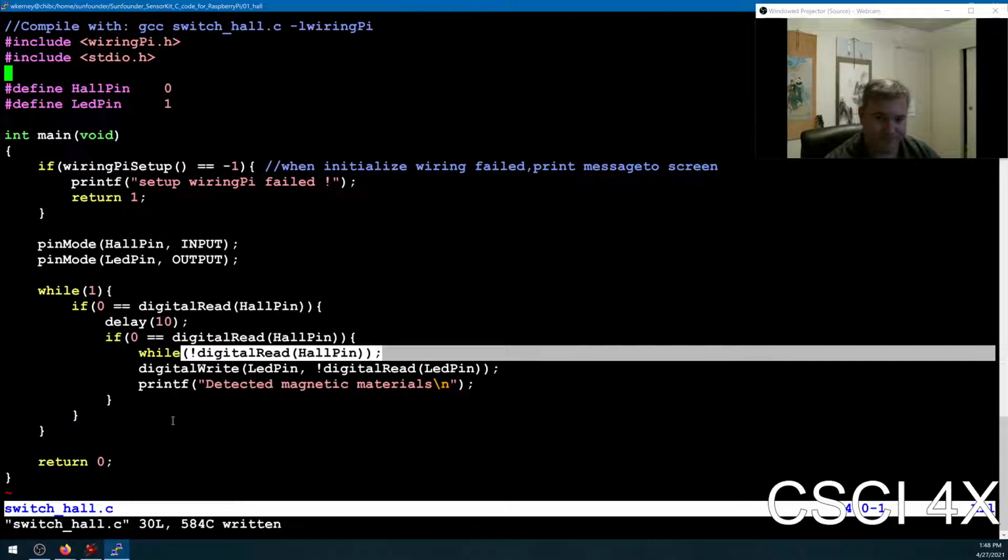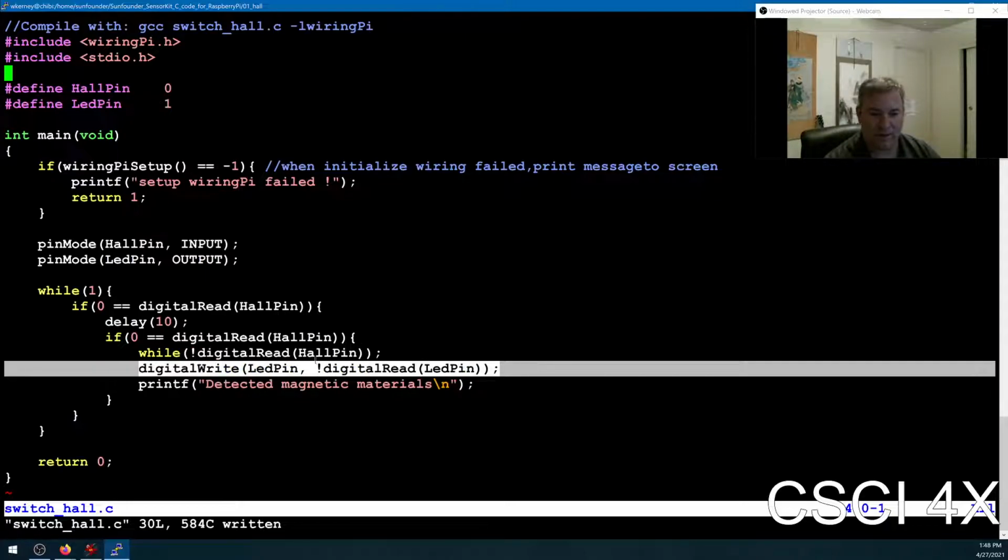That's why it wasn't doing anything. And then it's going to write to the LED pin the true value. Okay. So it'll basically just sit there and do nothing until you put a magnetic material near it. Then it will activate and print that. And then if you take it away, it'll go back into here.